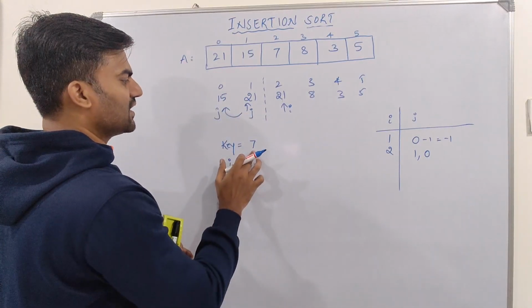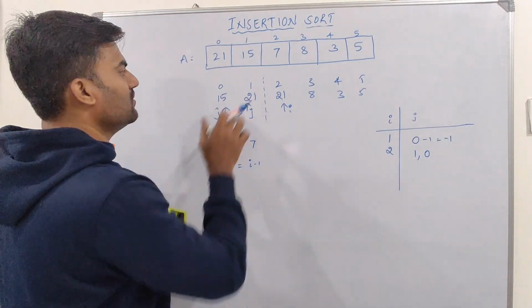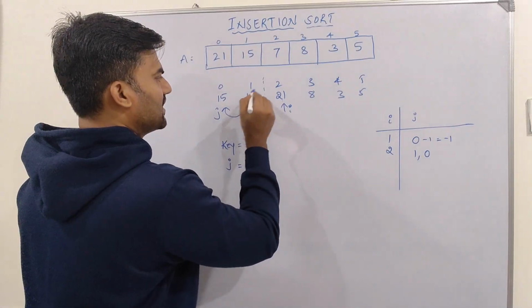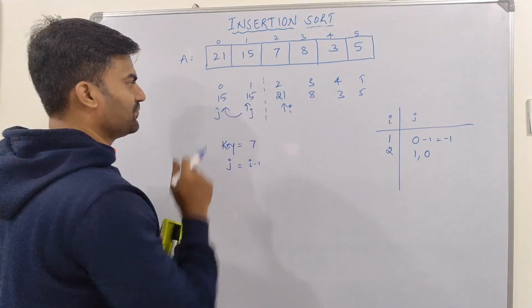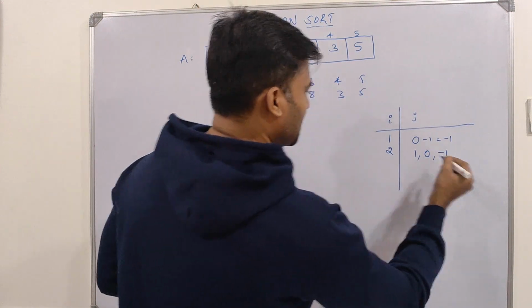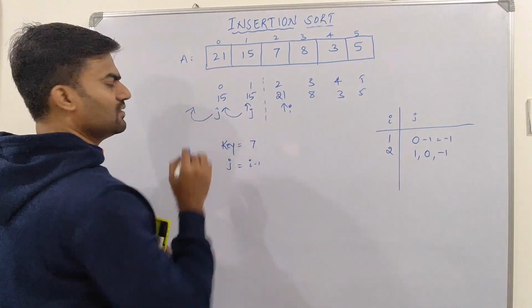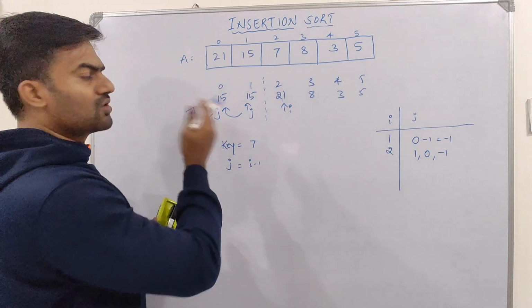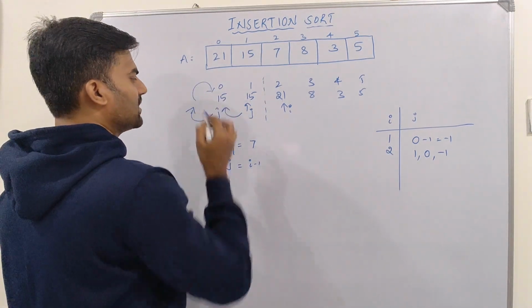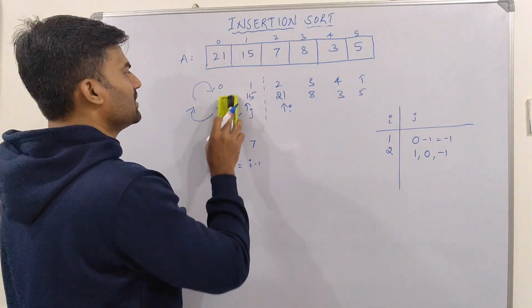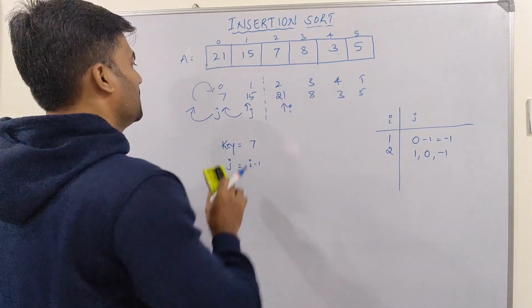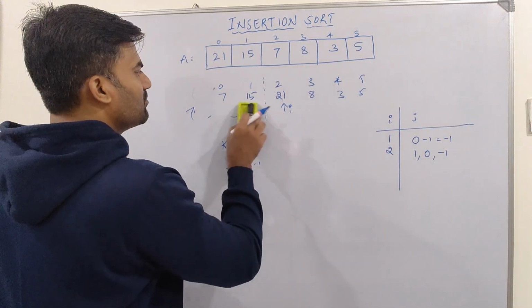So 15 is still greater than 7. So what I will do, I will simply shift 15 to the right side, so one place ahead. Now after this, my j will get decremented by 1. So now it moves out of the array. So I will stop here, and then I will increment j and place my key here.